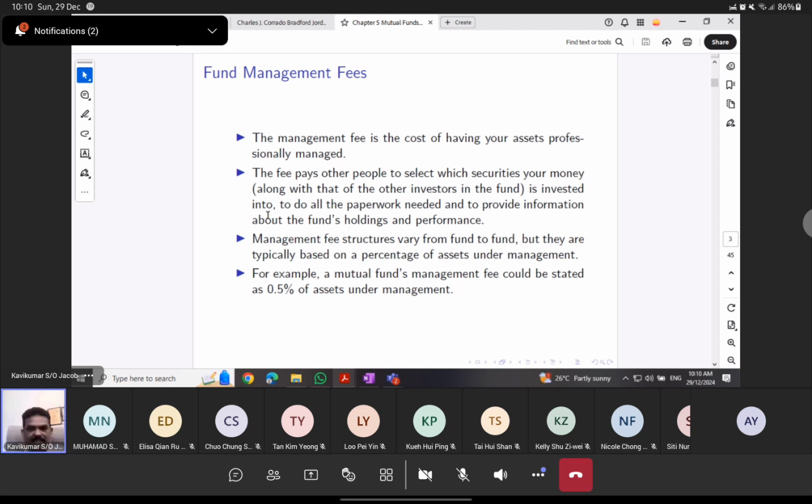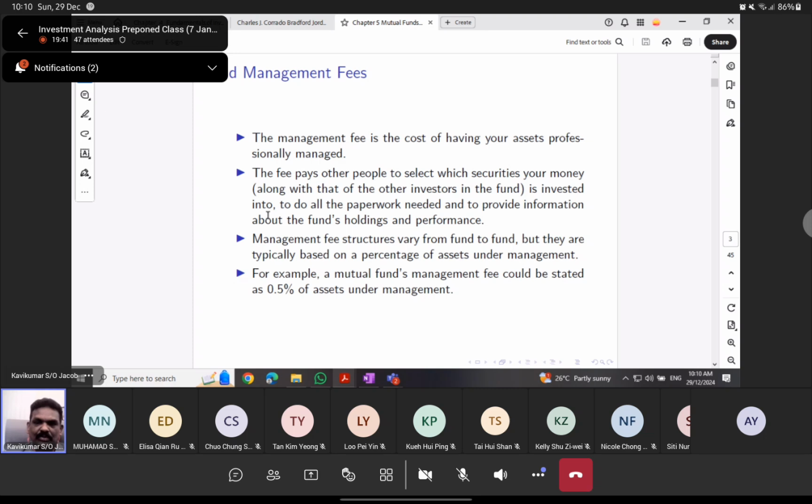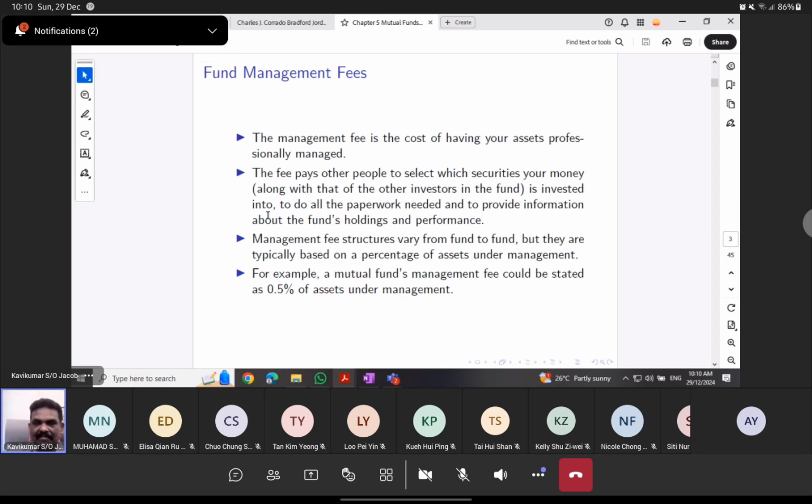They will advise you, they will suggest which security or which stock or which fund you have to invest your money in. For that purpose, for the advising and paperwork and all other background work they do for us, they will charge a certain fee. The fee is the management fee to do all the paperwork needed and to provide information about the fund's holdings and performance.